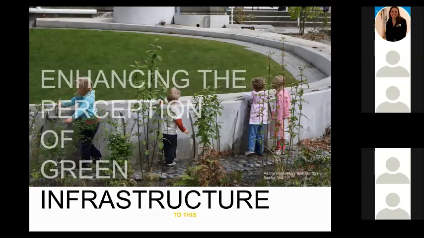concerns? First of all, we're just trying to enhance the perception of green infrastructure to something that is multi-layered. So not only is it an educational landscape, but it's an interactive space, and it's changing the way that we look at, for example, in Adams Elementary Rain Garden, the way that we look at rain.